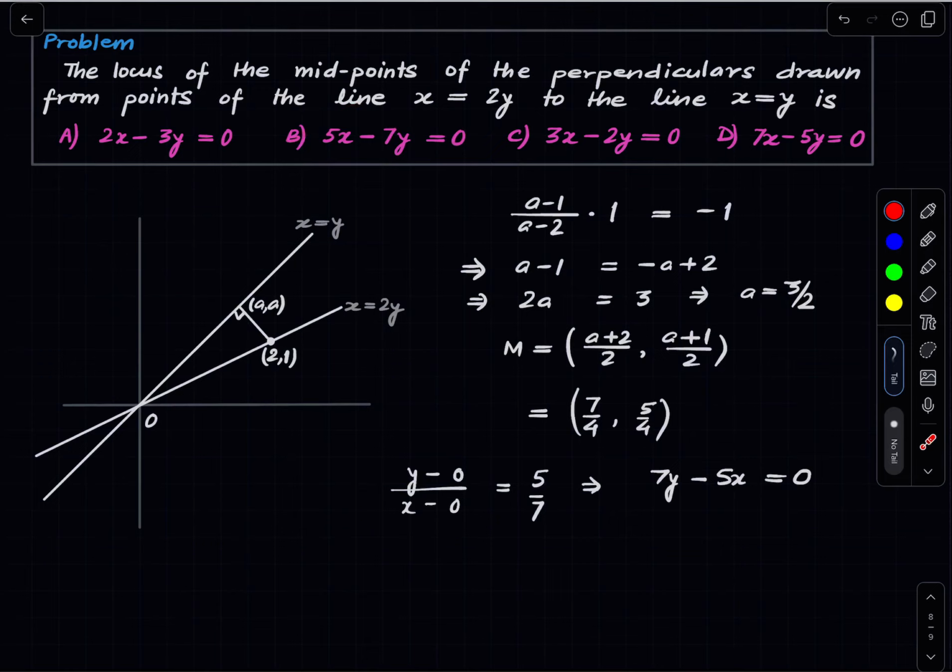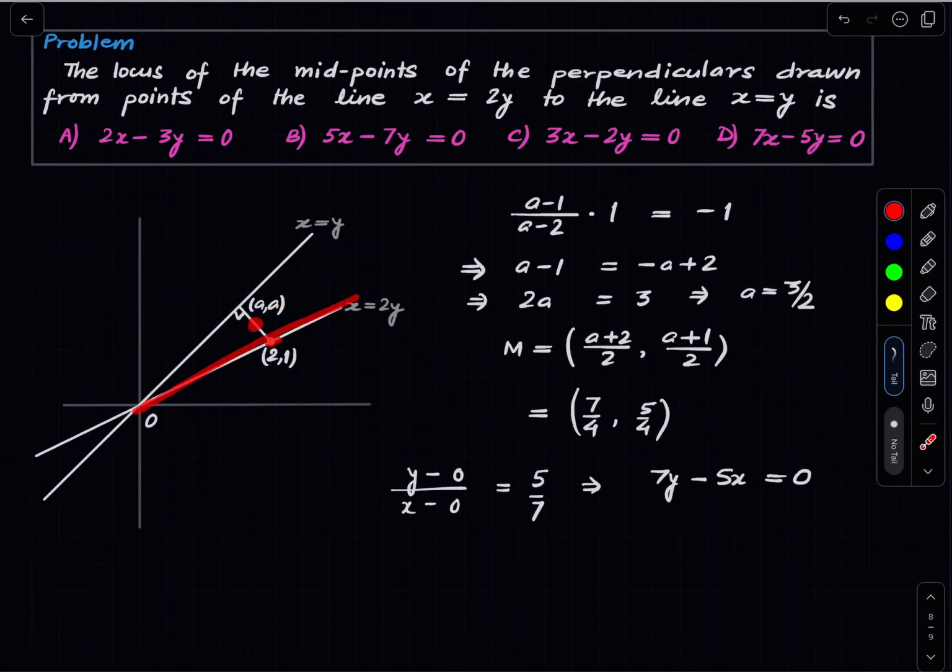Okay, so I hope you followed. All we are doing is, if we choose a point here, we can find the midpoint of this perpendicular via this trick. All I did was choose this special point. Why? Because I already know the locus of the points is going to be a straight line passing through the origin. That I know because of my geometry knowledge.